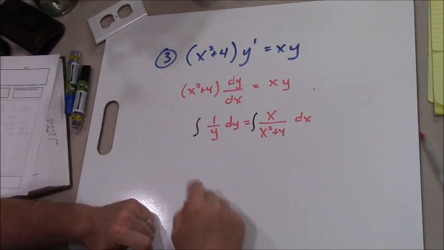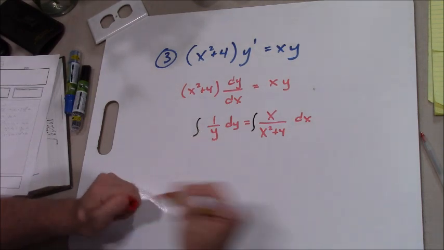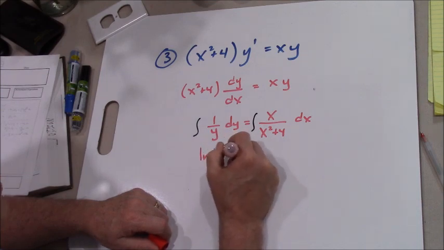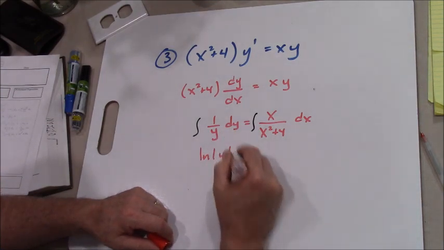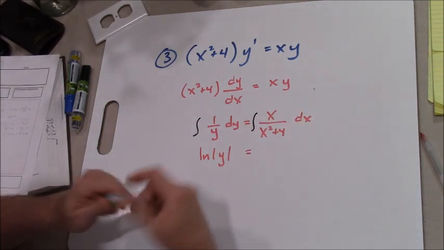And so what I get here is u prime over u, so this would be a natural log absolute value of y plus c. This over here is also a u prime over u.